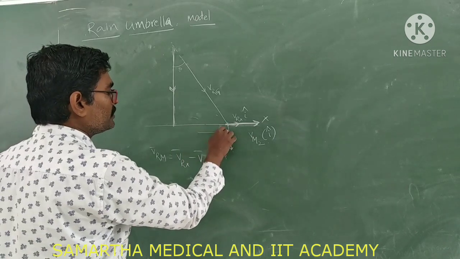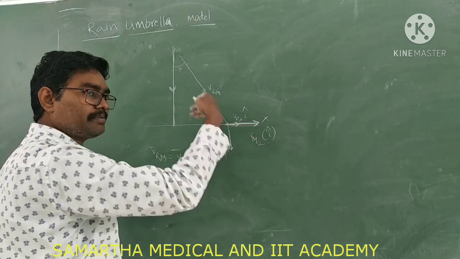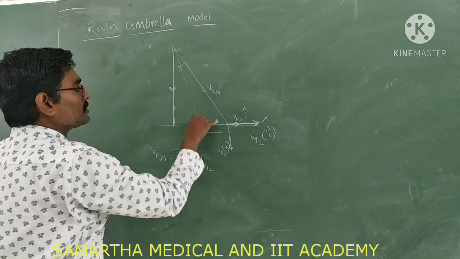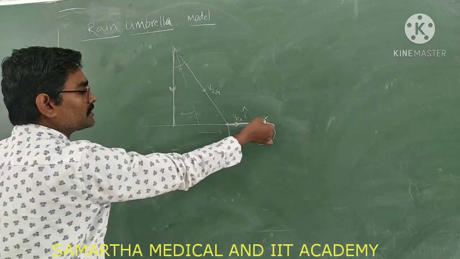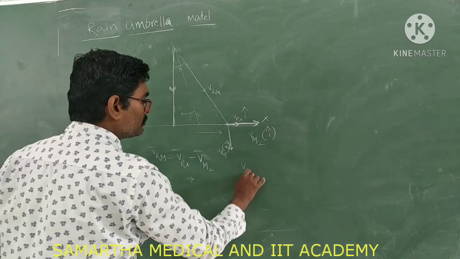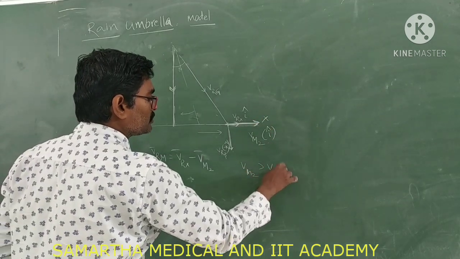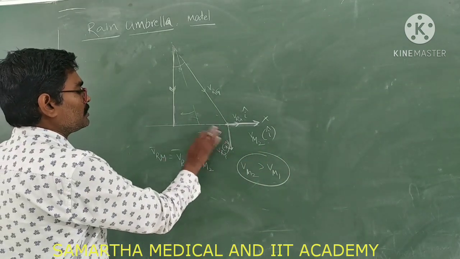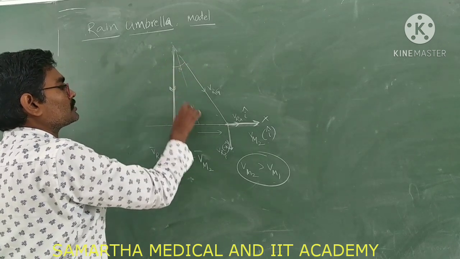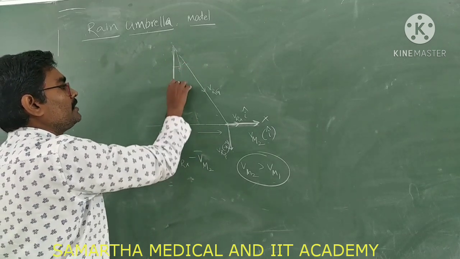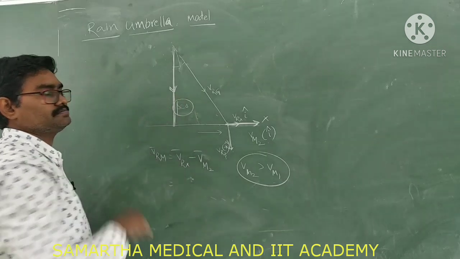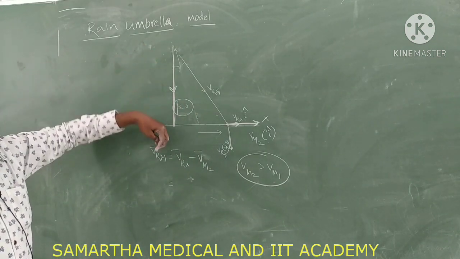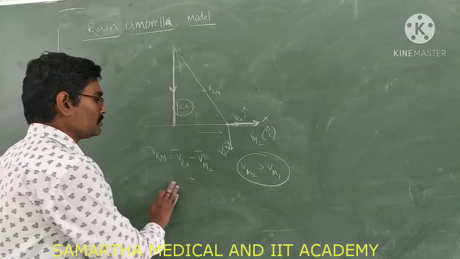Suppose he goes with more speed than in the previous case, there is a possibility to have the resultant. Previously the resultant is like this. Now the speed is increasing compared to the previous one, so Vm2 is greater than the velocity of man 1 in the previous case. Now what will happen? The resultant will come close along the vertical. So that means beta will be 0. The angle beta the ray makes with the vertical is equal to 0.